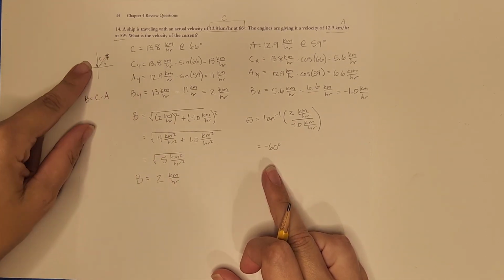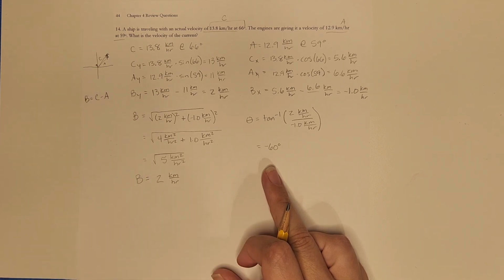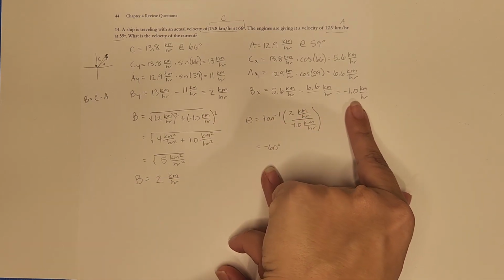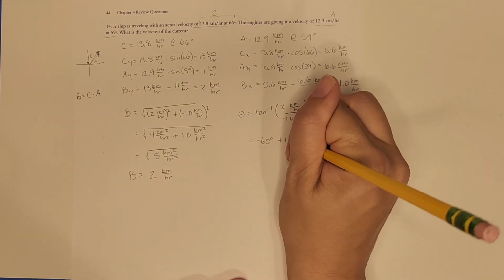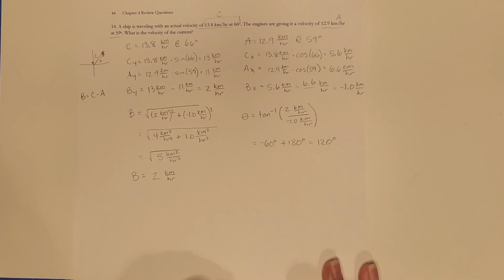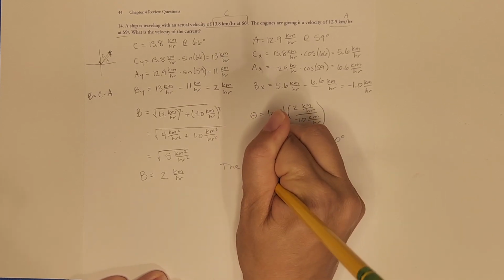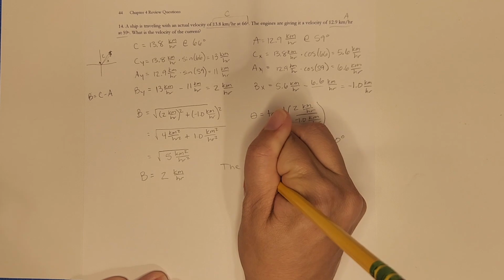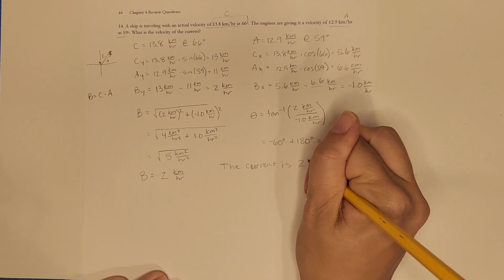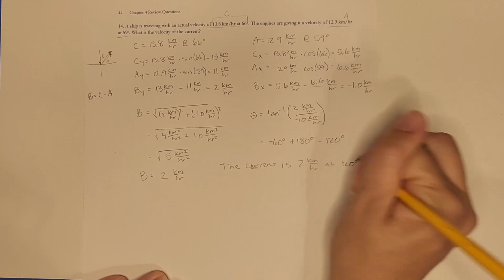As I predicted, I'm in the second quadrant, and that is confirmed by my BY value being positive and my BX value being negative. So I'm going to add 180 degrees and end up with 120 degrees. And so my final answer here is that the current is 2 kilometers per hour at 120 degrees.